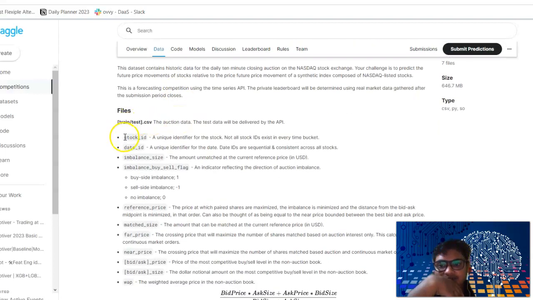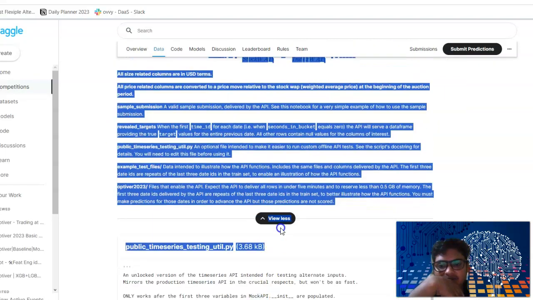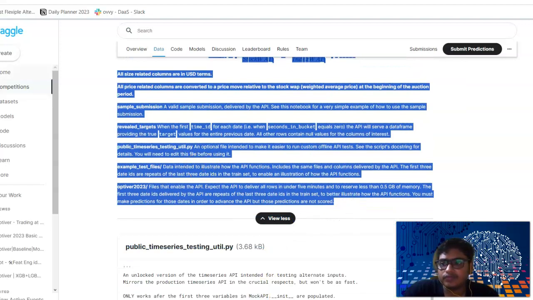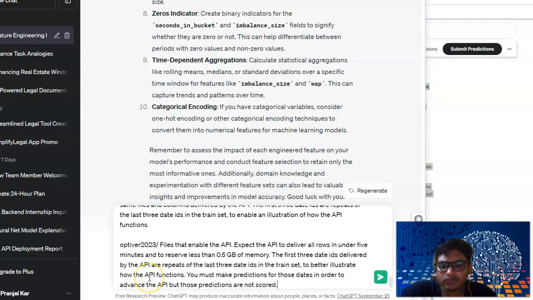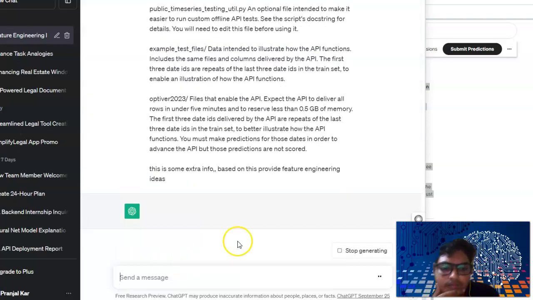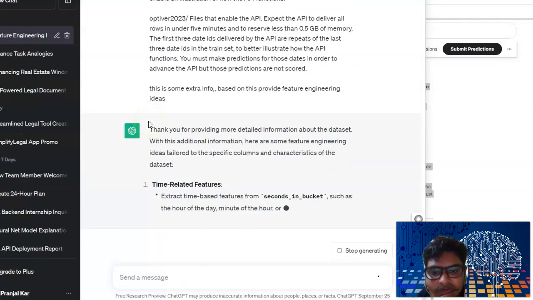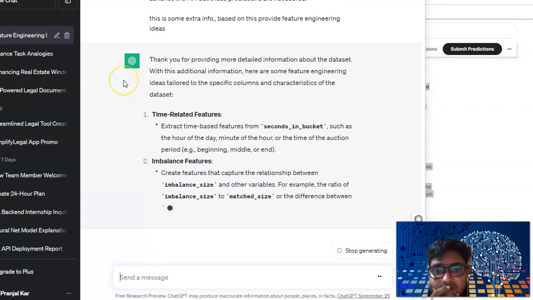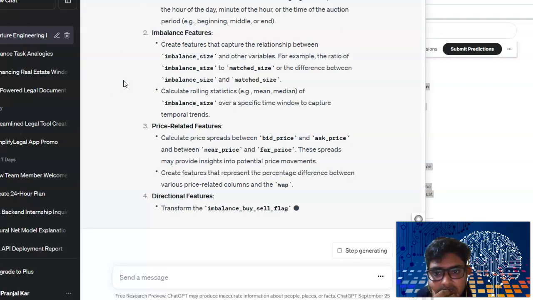So here is the description. We will copy that and provide it into ChatGPT. Now let's wait.